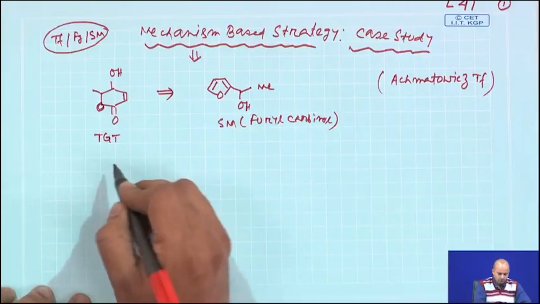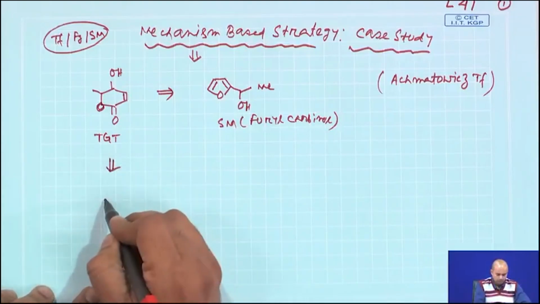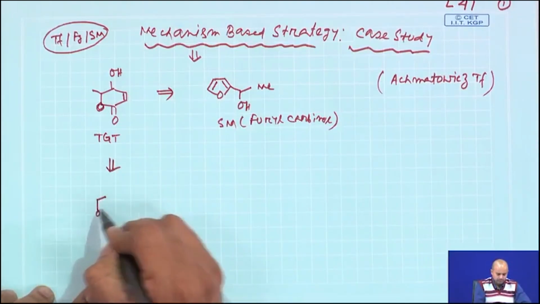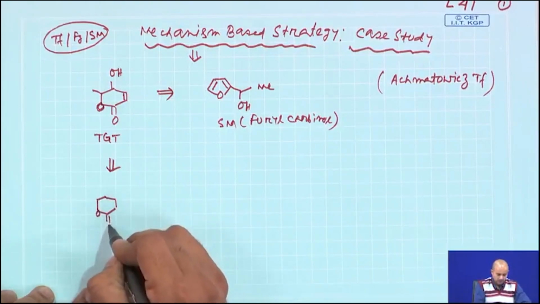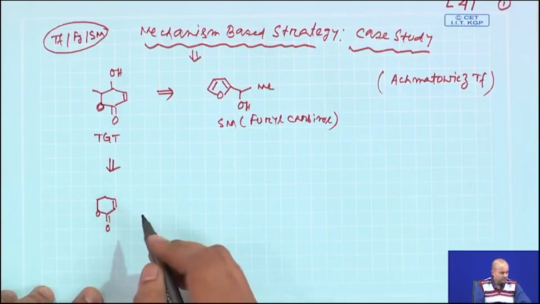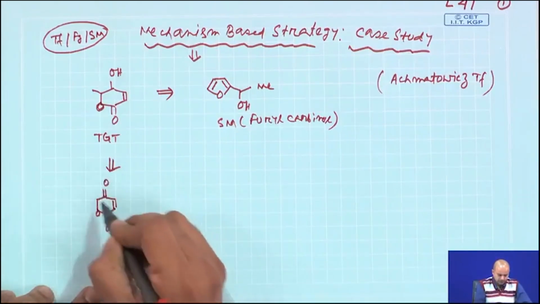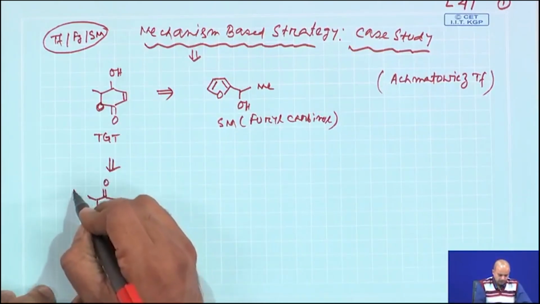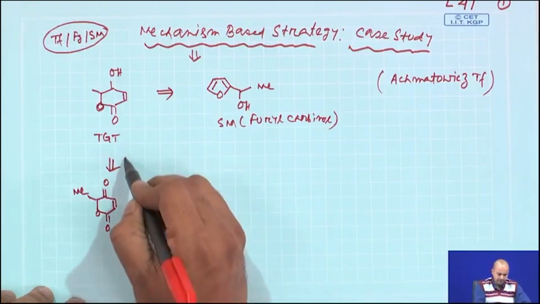So, now what I am trying to do, I will do a simple straightforward retro disconnection of this molecule, and then we try to figure out how this target can be correlated with the starting material. And I say this is a simple FGI.